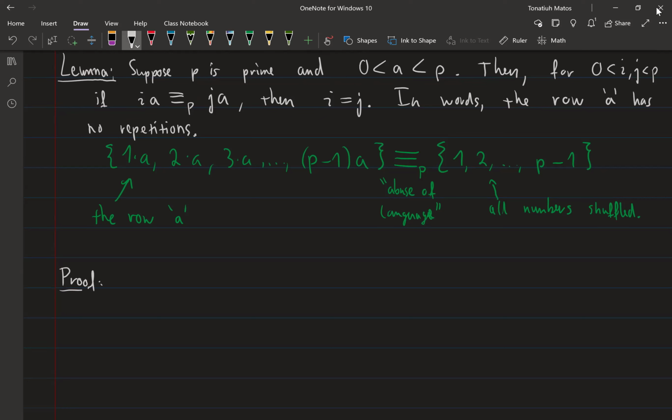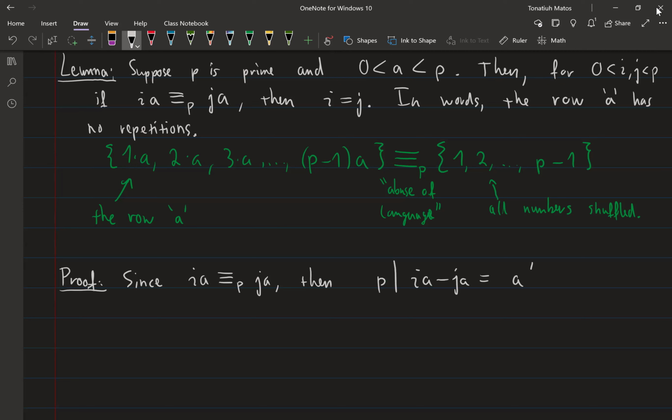The ideas for the proof are already contained in things we've seen in the past, but let's just, for the sake of formality and completeness, do it. Okay, so suppose everything that the lemma says, and let's just worry about proving that i is equal to j. So since iA is congruent to this, that means by definition that P divides the difference between these two things.